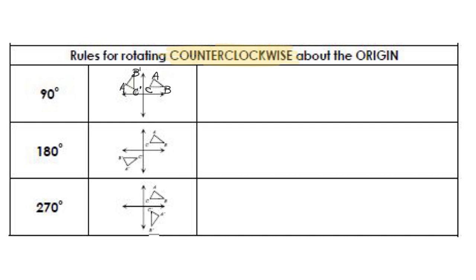So if I have this shape right here, and I go to this shape, it has moved this direction. The rule for that is (x, y) now becomes (negative y, x).